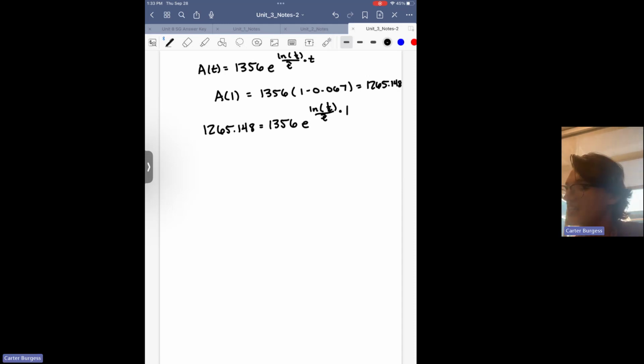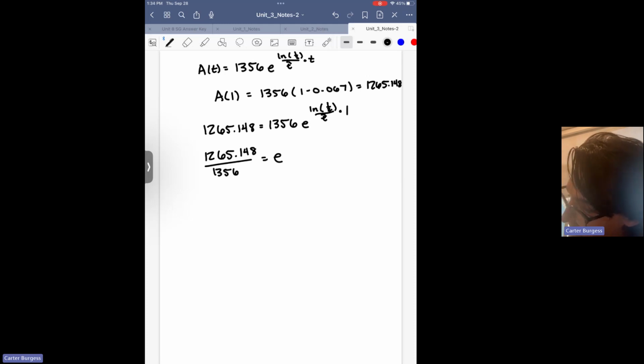And so dividing both sides by this 1356, we get 1265.148 over 1356 is equal to e to the ln of 1/2 over t hat times 1, which I'm going to go ahead and actually just stop writing because times 1 just doesn't change anything.